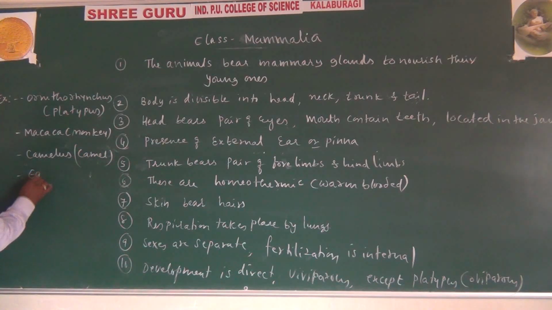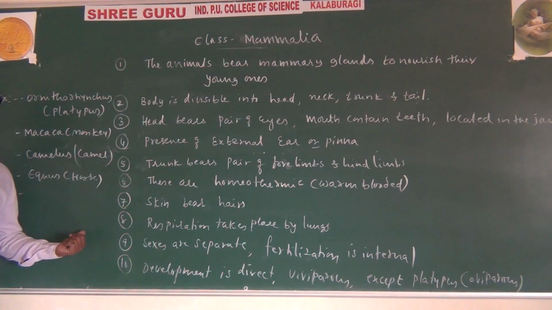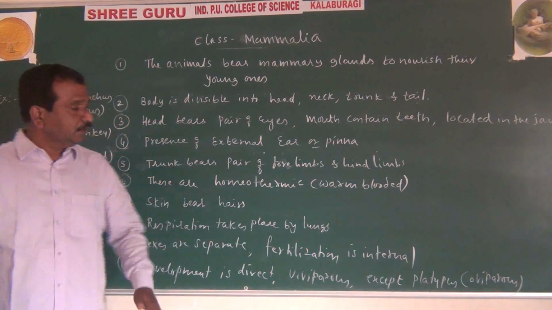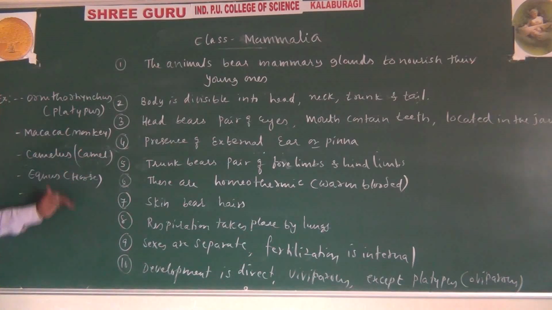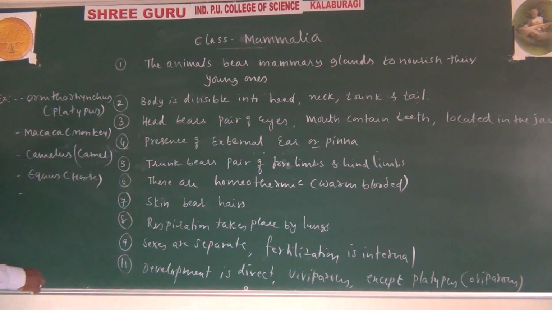Equus, horse. Panthera leo, lion. Tigris, tiger. Canis, dog. Like that, so many characters are going to be found. Kangaroo rat comes. Kangaroo is also there, and several examples are there.